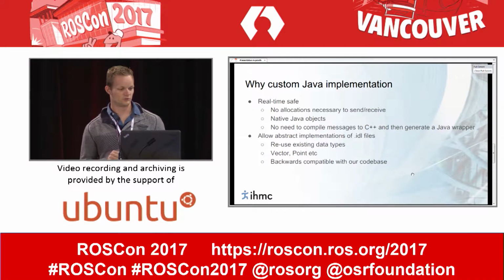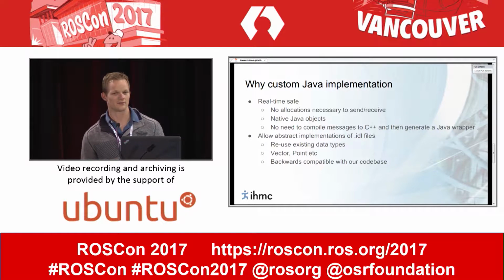So why did we choose a custom Java implementation instead of using any of the open source implementations that have some Java bindings? So we really cared about our real-time safety, so we couldn't allocate any objects, and any Java code that you download off the internet likes to allocate lots of objects.